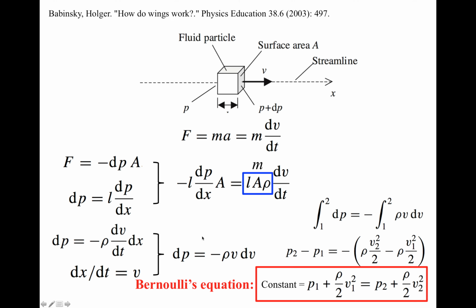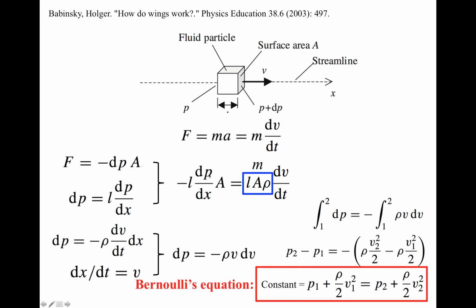On this particular equation, L and L cancel out, and A cancels out. So the left-hand side becomes minus dp over dx times unity, because A has cancelled out, equals rho dv over dt, because A and L have cancelled out.